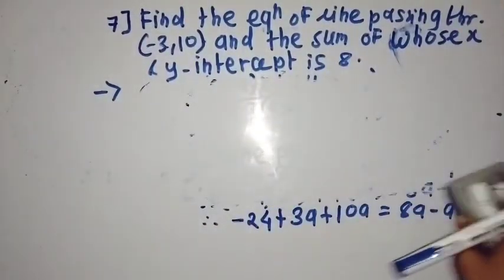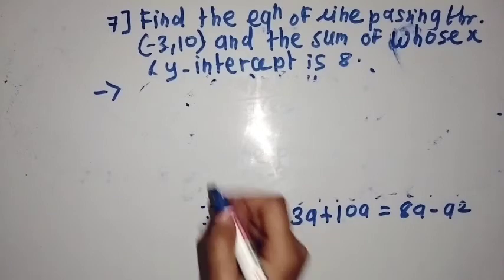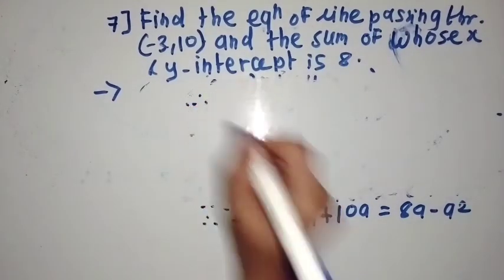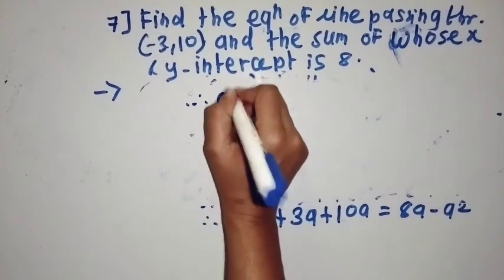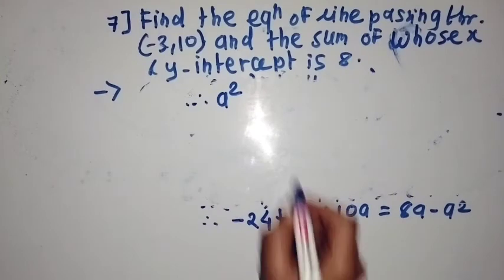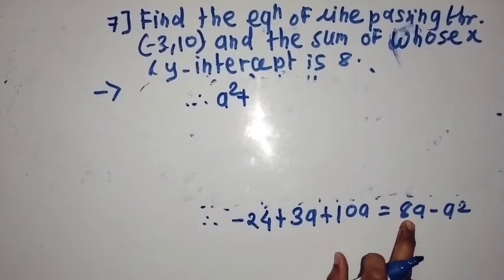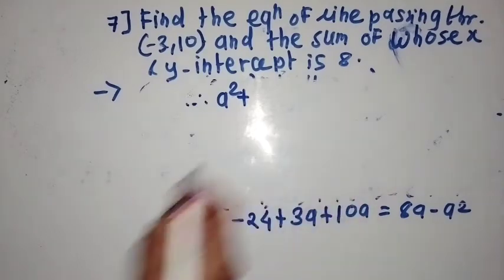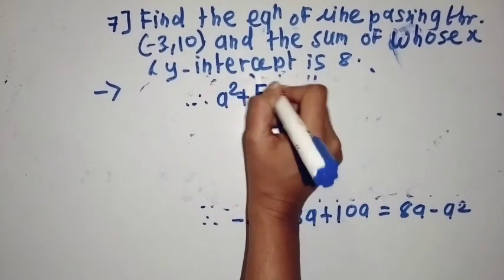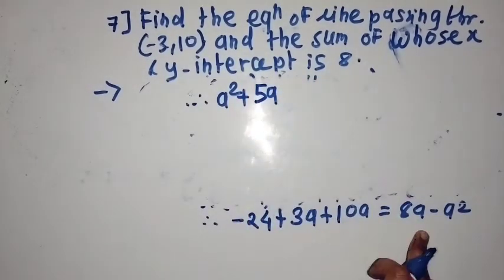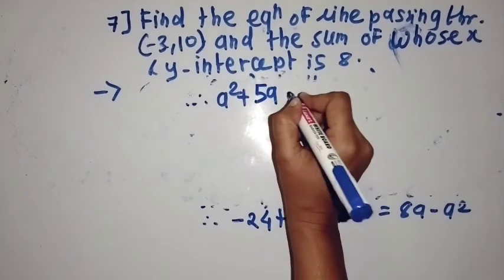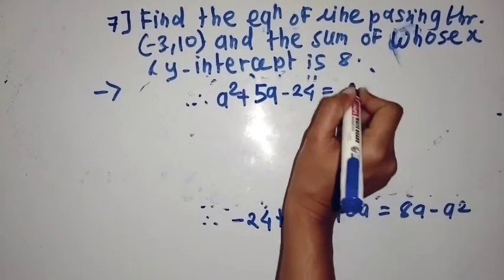Hence we get a square plus 3 plus 10, 13 minus 8 is equal to plus 5a, and minus 24 is equal to 0.